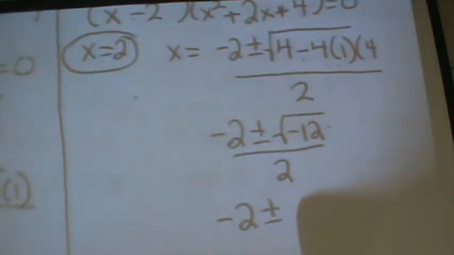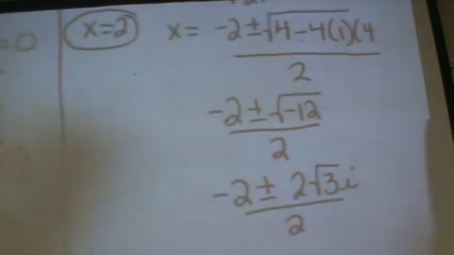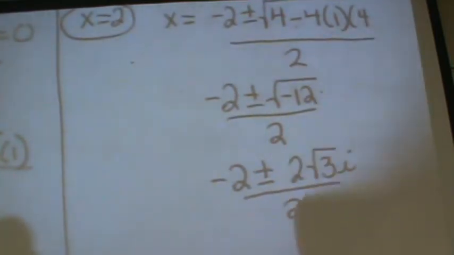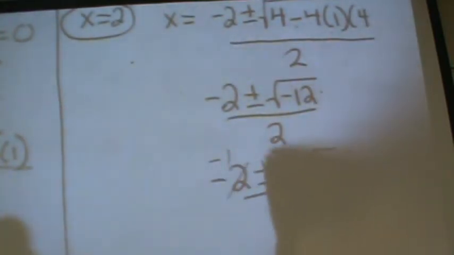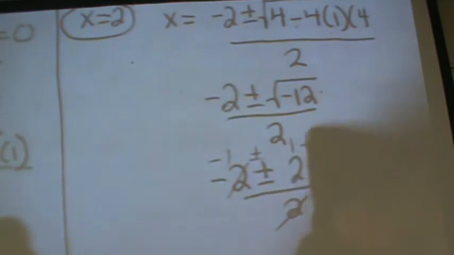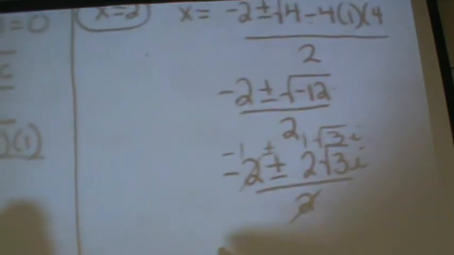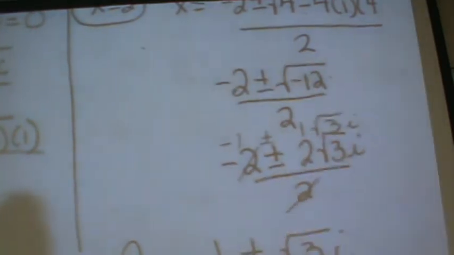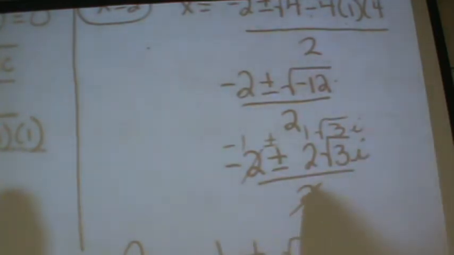So this is going to be 2 root 3i. And then 2 goes into 2 and 2 here. So this is going to be negative 1 plus or minus root 3i. So your answers are 2 and negative 1 plus or minus root 3i. Because these 2's canceled out.